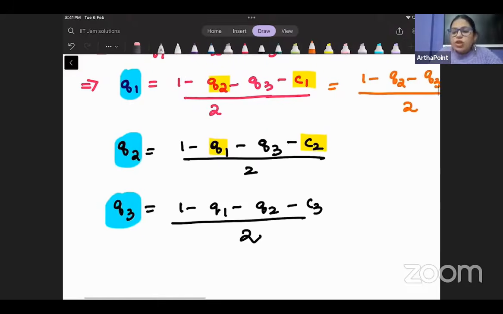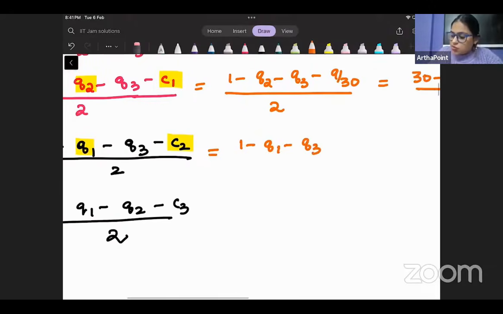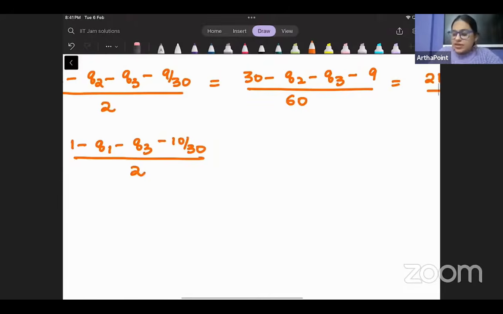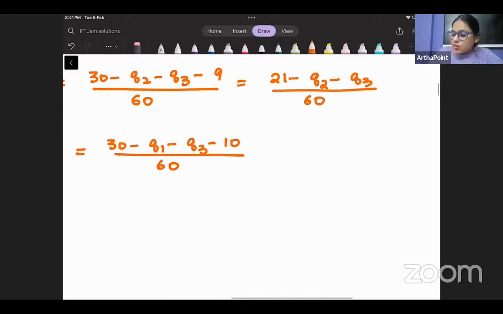Similarly, Q2 is 1 minus Q1 minus Q3 minus C2 by 2, with C2 given as 10 by 30. Just put the value: 1 minus Q1 minus Q3 minus 10 by 30 divided by 2. Take the LCM. It will be 30 minus Q1 minus Q3 minus 10 by 60. So this will be 20 minus Q1 minus Q3 by 60.